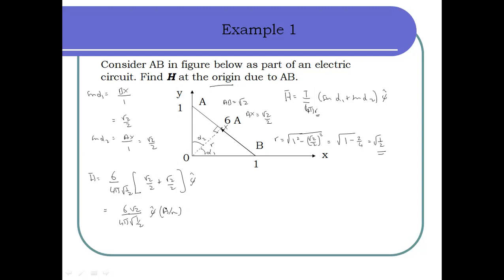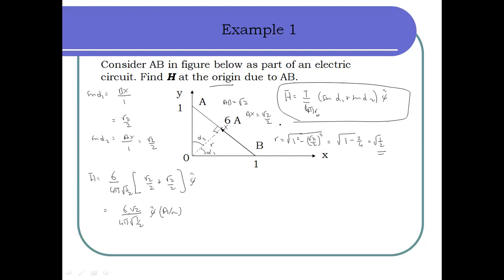But care has to be taken, because remember, these equations that we use here are obtained when we consider that the line current is located on the z-axis. If you refer back to part 2 of this lecture, the equation of H here is obtained when the line current is located on the z-axis, so the H field will be in the phi direction.